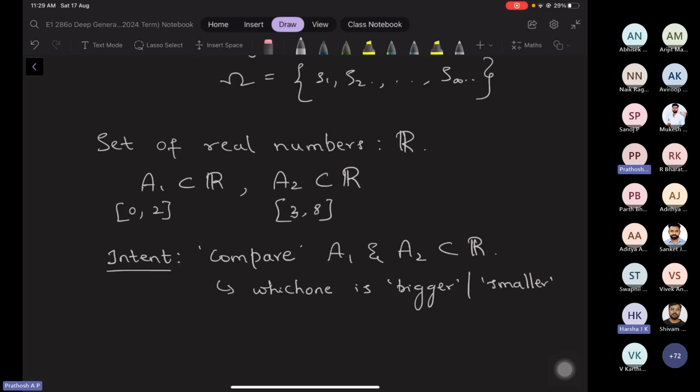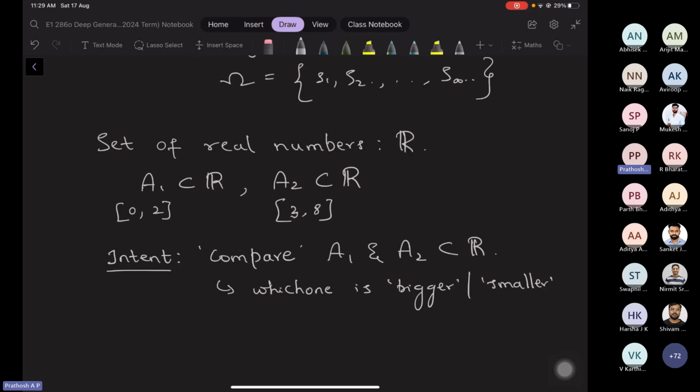See, again, when I say compare, please take this question: I want to know which one is bigger and which one is smaller. You all know the answer to this question, but I just want to hear from you. Yeah, Nirmit? Finding the cardinality of the sets. Both of these sets have infinite cardinality, no?